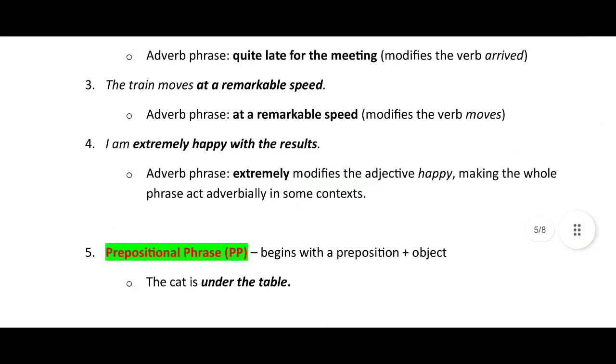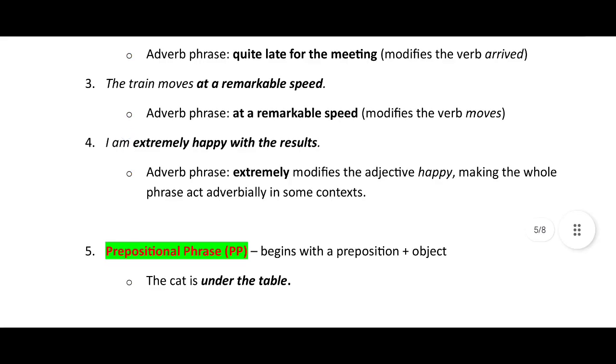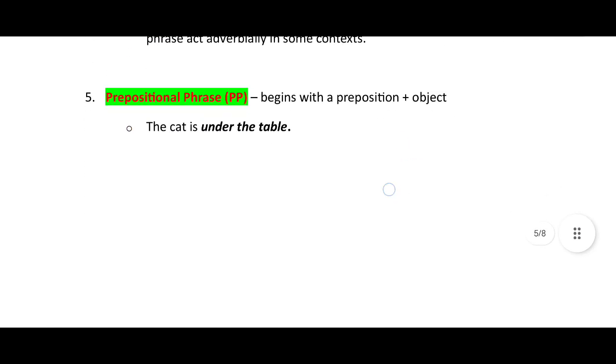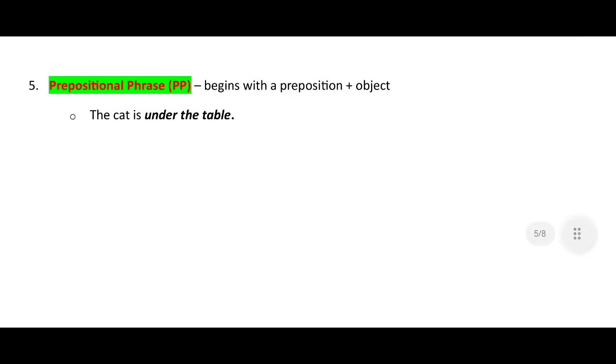I am extremely happy with the results. Here extremely happy with the results is modifying the verb am. So extremely happy with the results is an adverbial phrase here. Prepositional phrase. A prepositional phrase is a group of words that describes the position of one thing in relation to another.